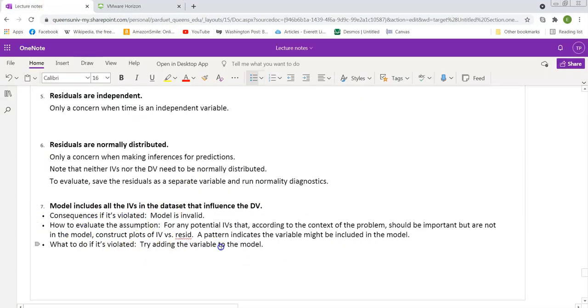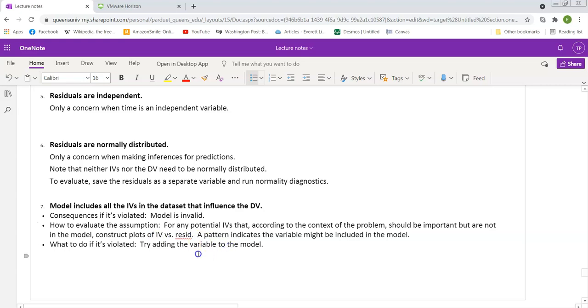Once you've got your model, you should look at any other independent variables and just reevaluate them. You can look at plots of those independent variables versus your residuals, but ideally you would have looked at the independent variables to start with. You don't want to throw everything in there at once, but you want to try to be thorough at least to start with, and then start paring down.